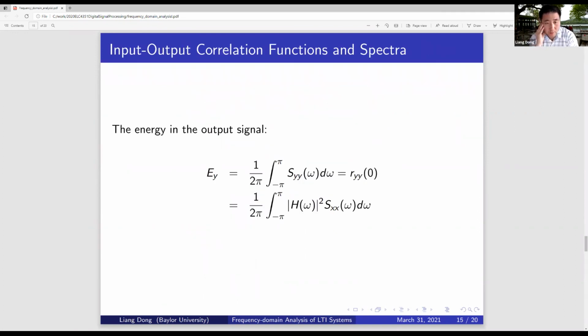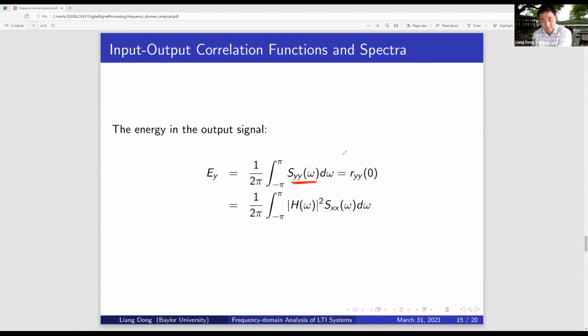The energy in the output signal is, once you got the spectrum of the output signal, we just integrate it, d omega, over one period of 2 pi.